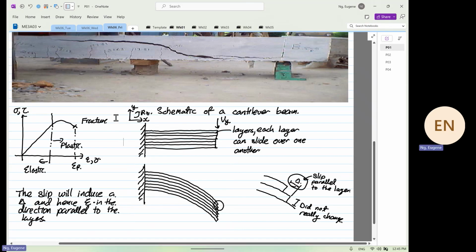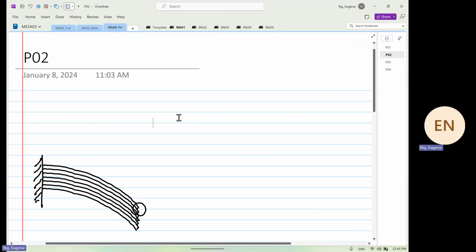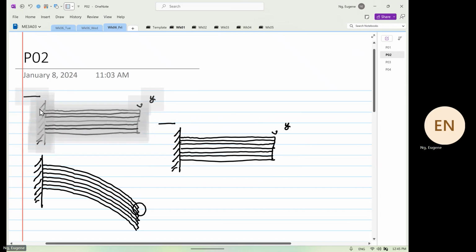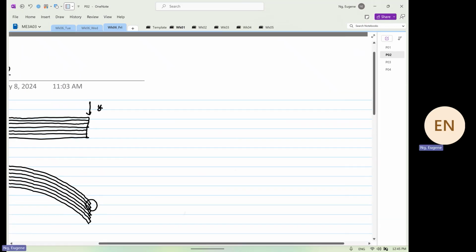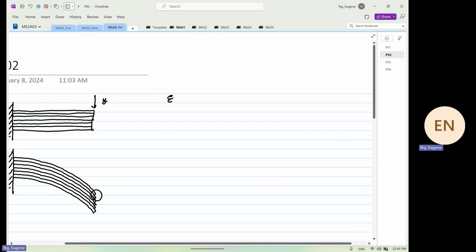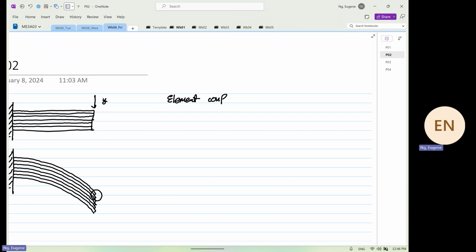The next thing I will sketch is the elements. We are going to look at element configuration in terms of pure shear.